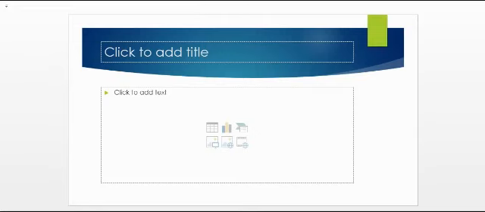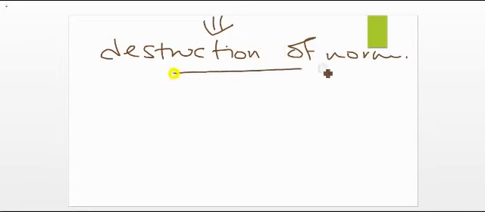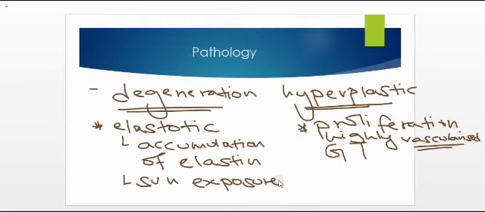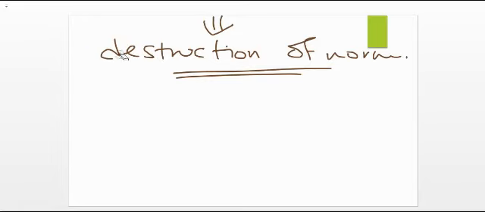Let me just change this layout. Yeah, so that's easier for me to write. Okay, so whatever happens is going to result in damage or destruction of the normal structures. Oh, I forgot to tell you this. Then this obviously encroaches the cornea. Okay, that's important. Let's write that down here also. I keep forgetting this. It encroaches the cornea very importantly.